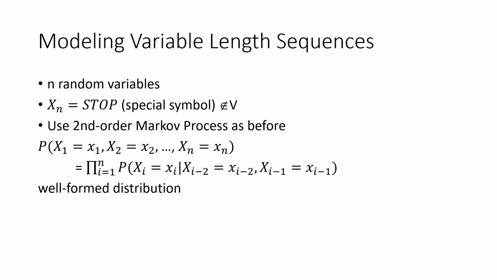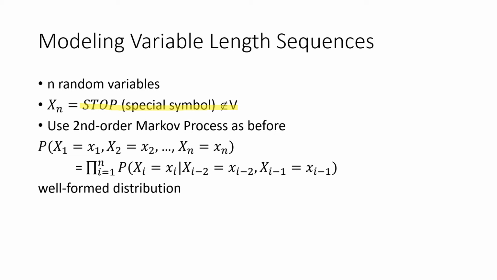and then is followed by the sequence of words. The previous two language models that are based on the first and the second order Markov process were using the assumption of fixed length sequences, but if you want to model variable length sequences, and if we have n random variables, then we can introduce a special stop symbol that is not included in our vocabulary set V. And if we define our language model such that the nth random variable takes the value of this special stop symbol, then we can use the same equation for the second order Markov process as before.